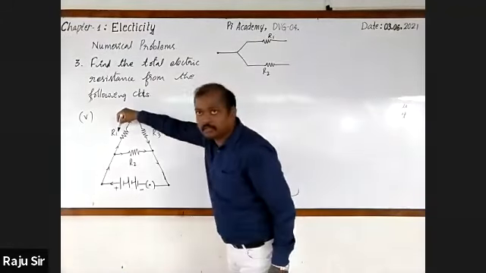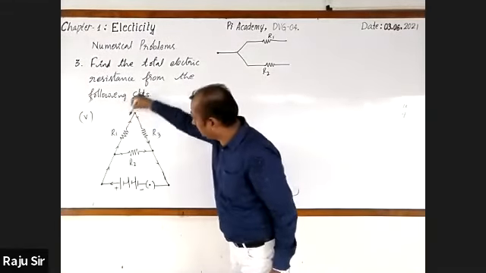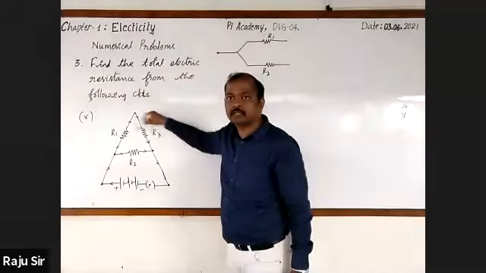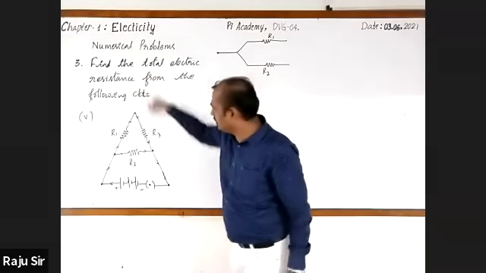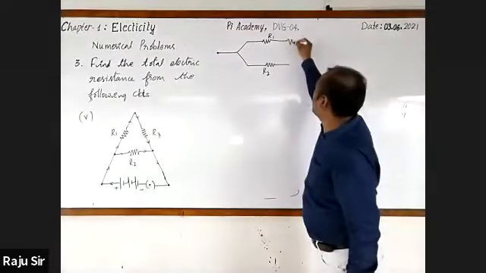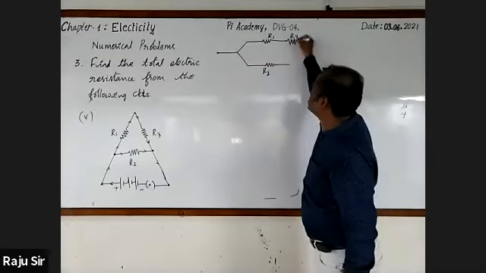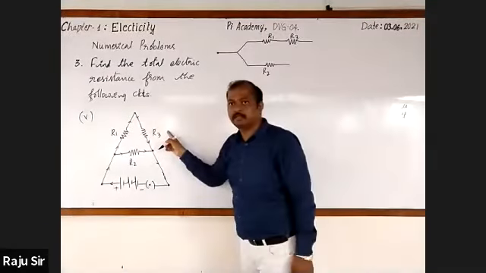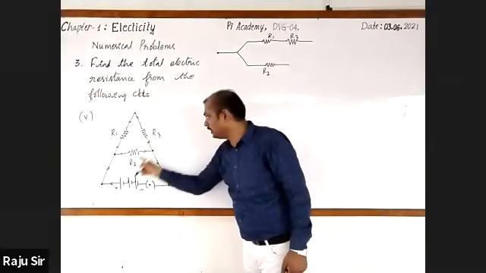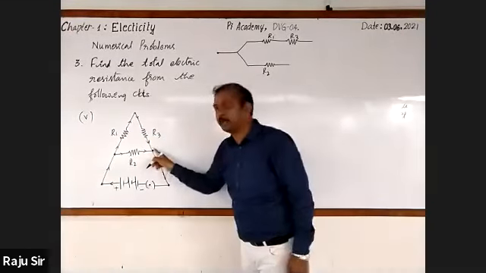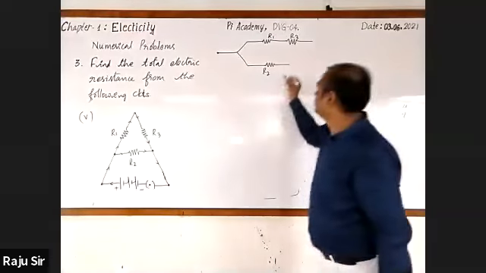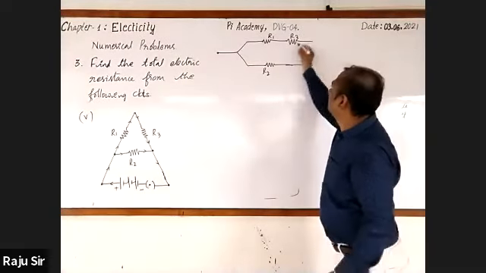Next, the current that flows through R1 directly passes through R3. It is moving continuously. Then R1 and R3, these two are in series. The current that flows through R3 and R2 recombine. R2 and R3 are parallel.